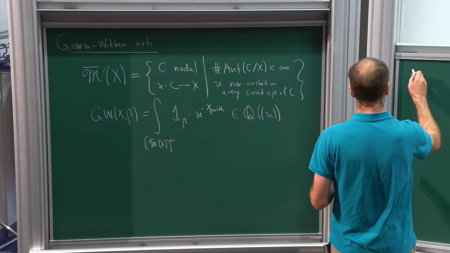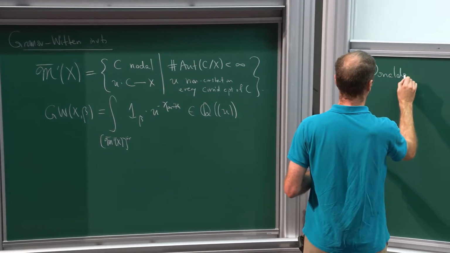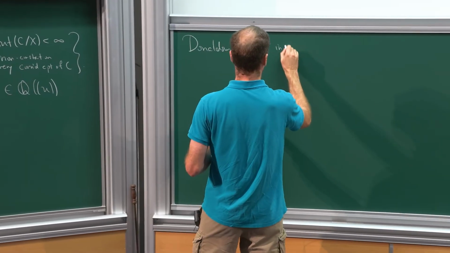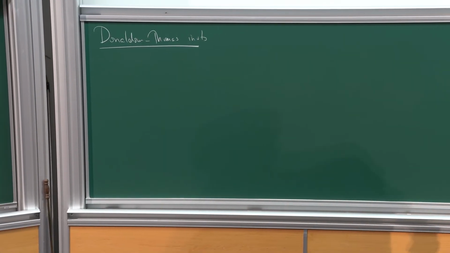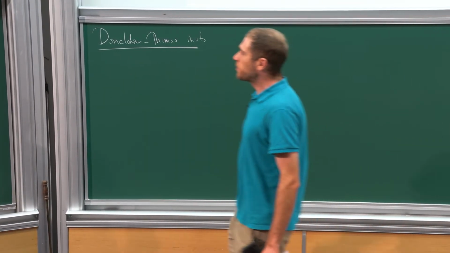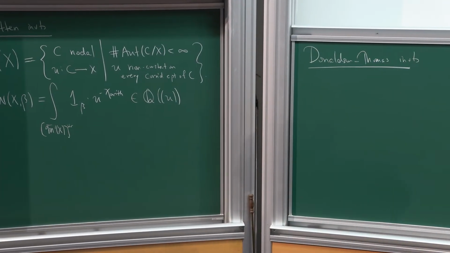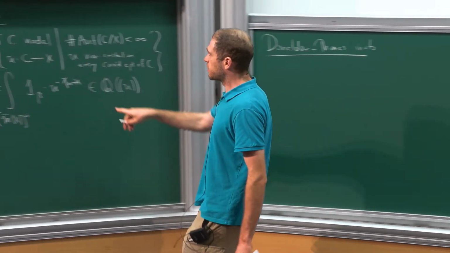Okay. So there are also Donaldson-Thomas invariants. They come from a different way of compactifying the space. Roughly speaking, for the previous compactification, we viewed the curve as a parameterization, and we allowed the domain to degenerate.